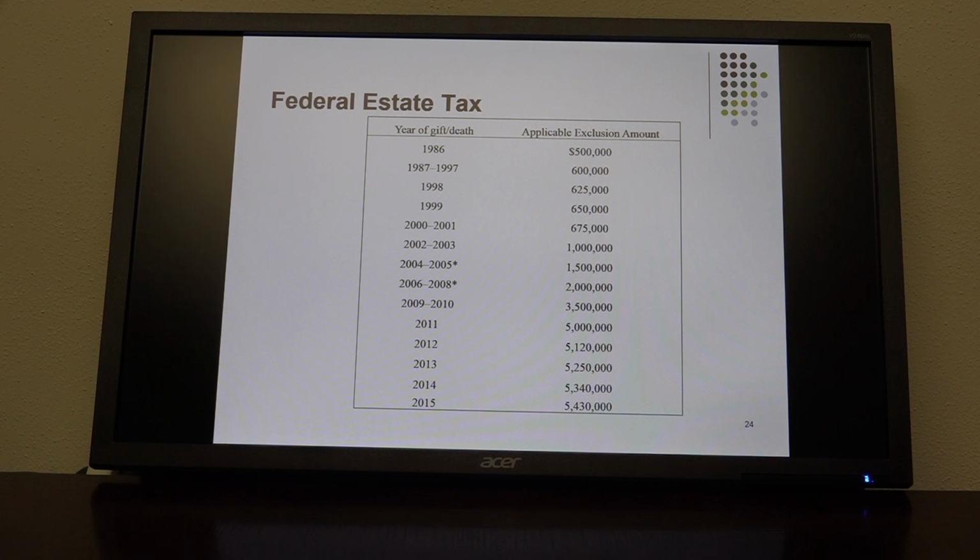Well, they're going to have to sell part or all the land just to pay the 40% estate tax.